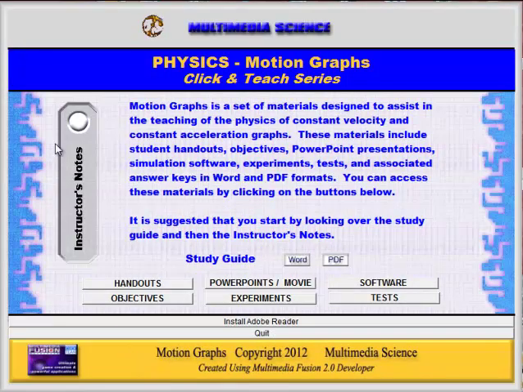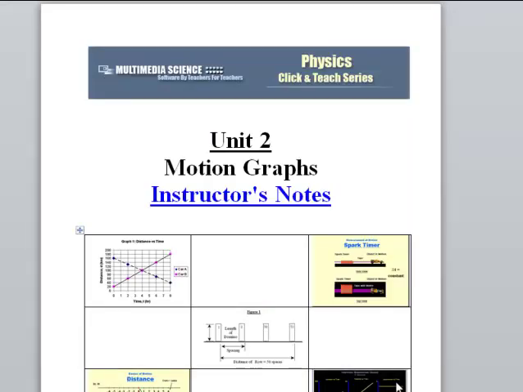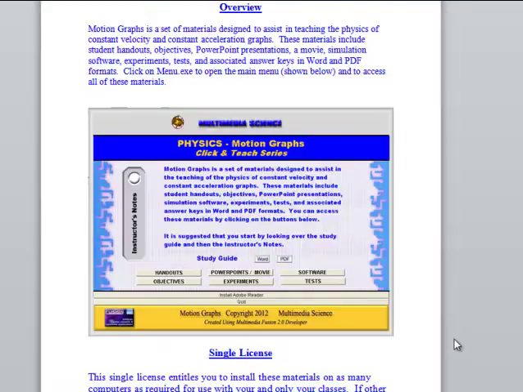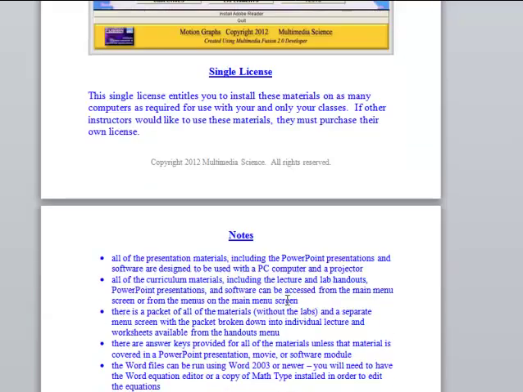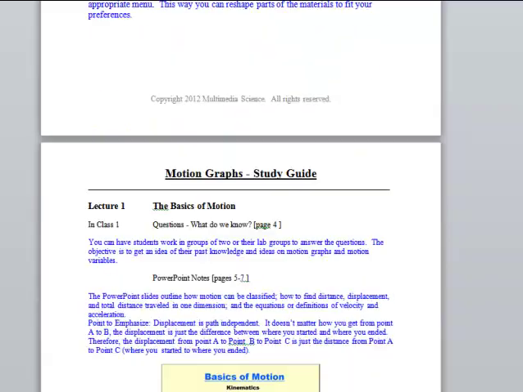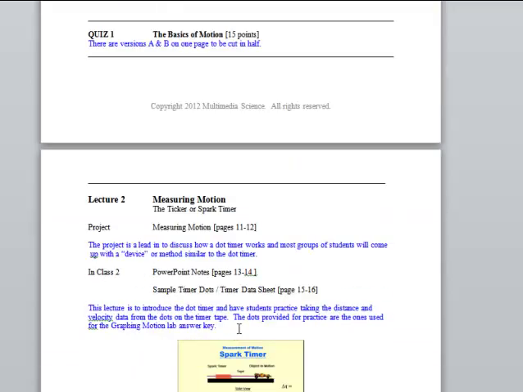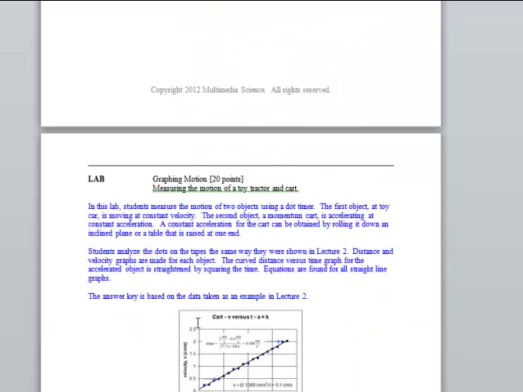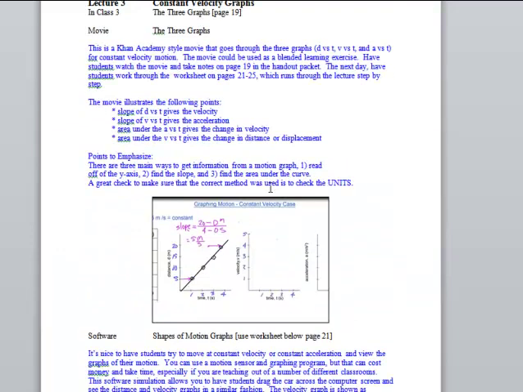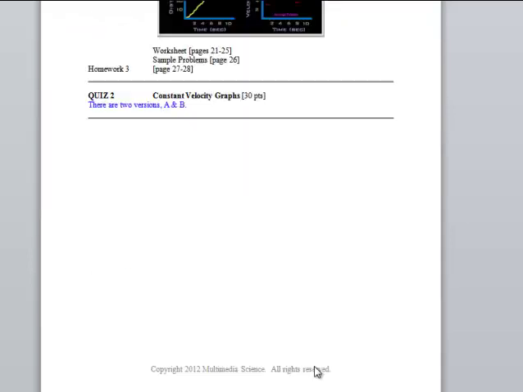Finally, there is a set of instructor notes. This helps you because it gives you an overview, tells you some notes about the PowerPoints, where the presentation materials are located, and then lecture by lecture, quiz by quiz, it goes through the study guide and talks to you about things to look out for in the labs, how to use the PowerPoint slides, how to use the software.